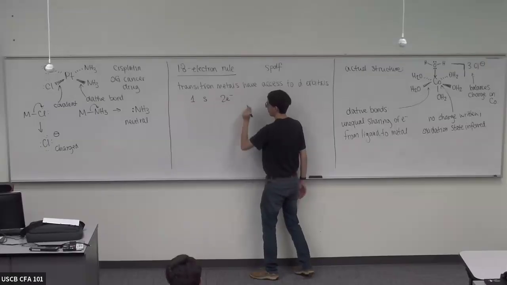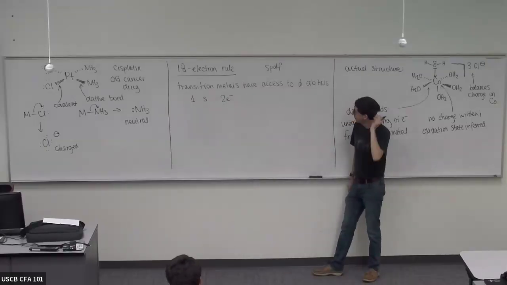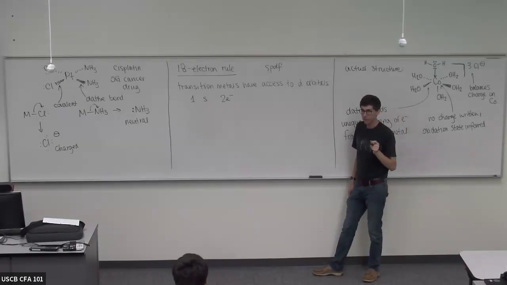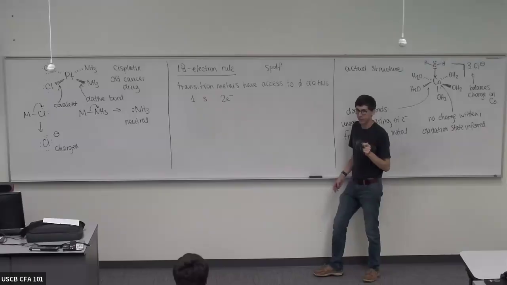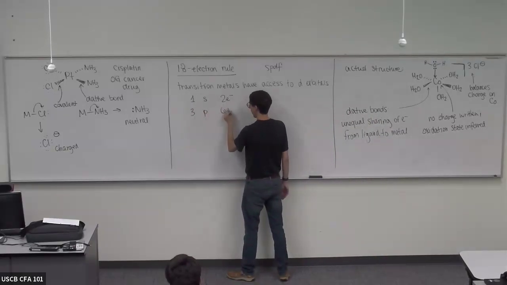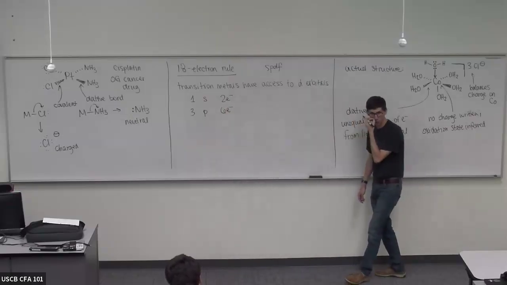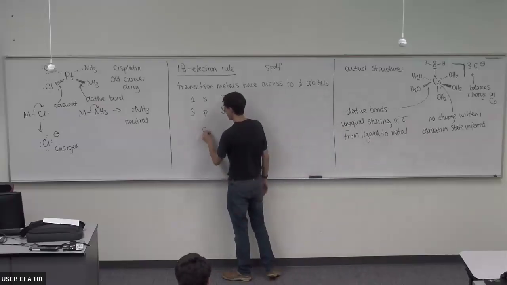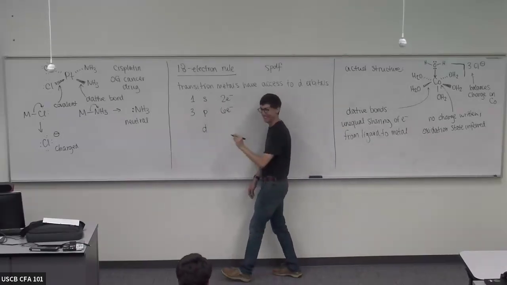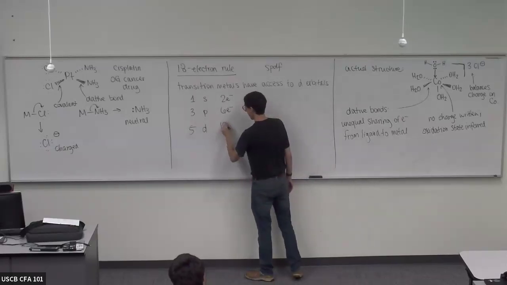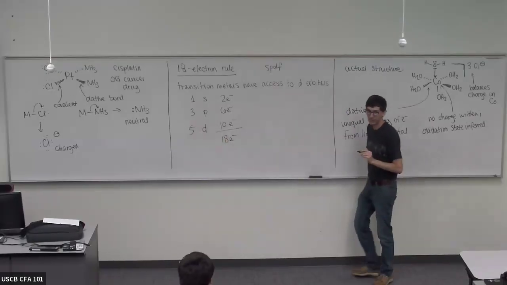That gives us 2 electrons. How many p orbitals are there? 3. 2 electrons per orbital gives us 6. And then we remember how many d orbitals there are? It's 5. That's 10 electrons. And there's your 18.